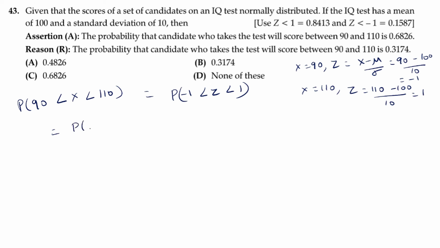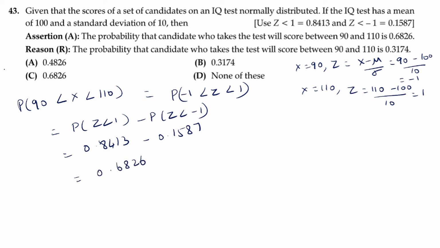This is equal to probability of z less than 1 minus probability of z less than minus 1. Probability of z less than 1 is 0.8413 minus probability of z less than minus 1, which is 0.1587. When we subtract these two, we get 0.6826. So this is the correct option.